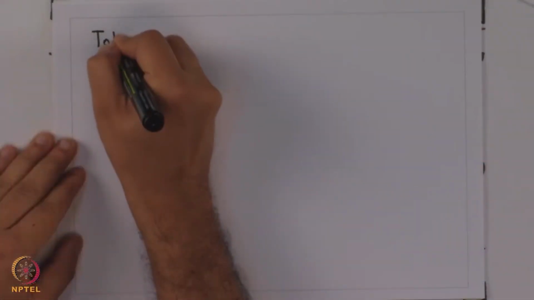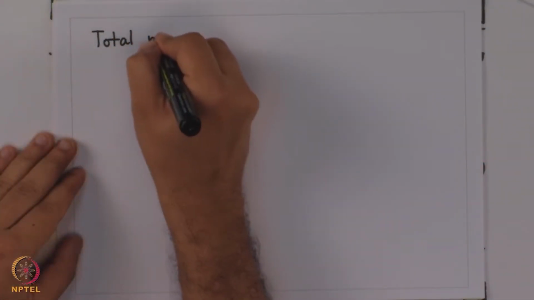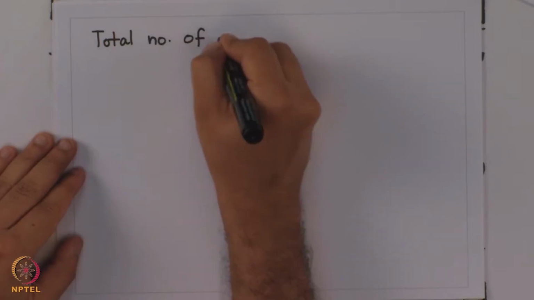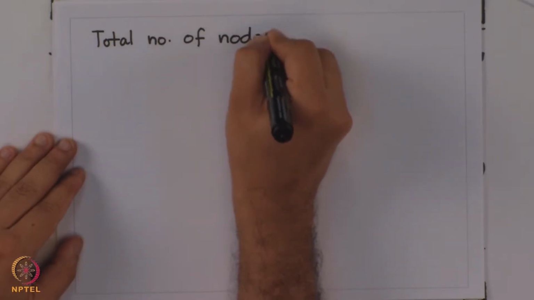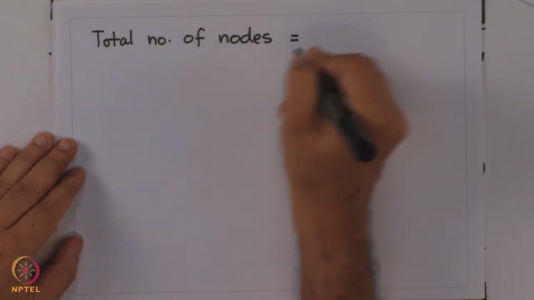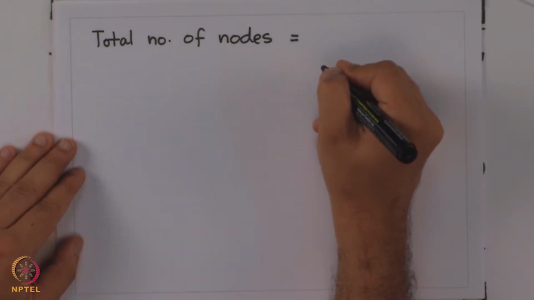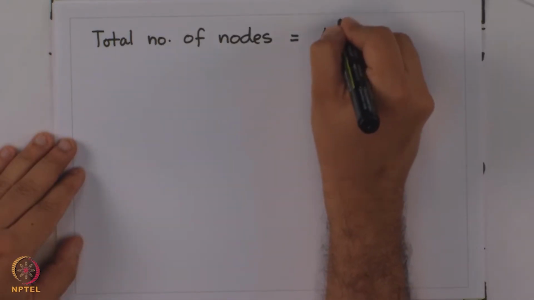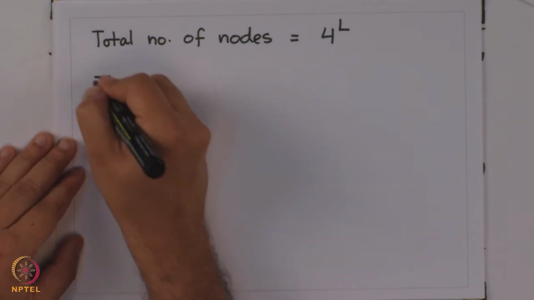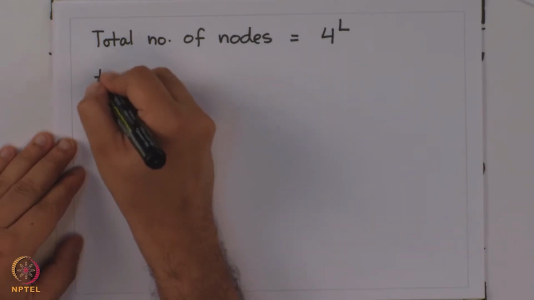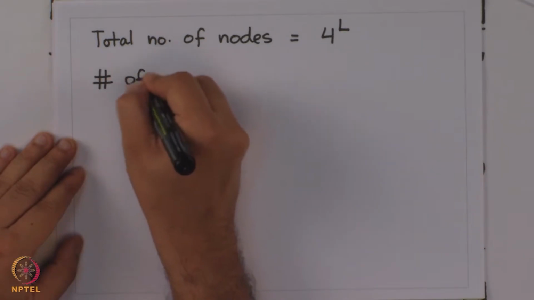So what that tells me is that the total number of sequences which are possible of length L is 4 to the power L, and each node has 3L neighbors.